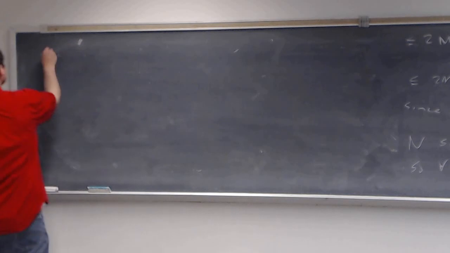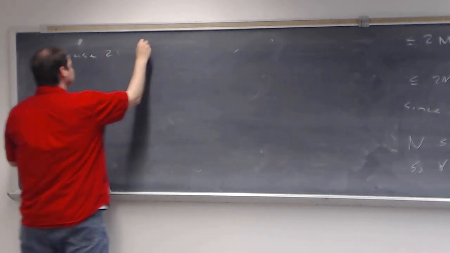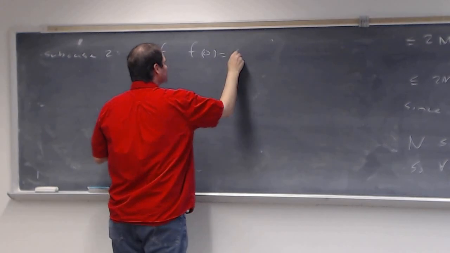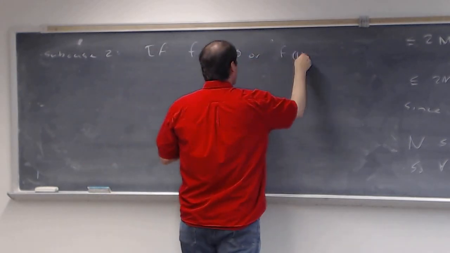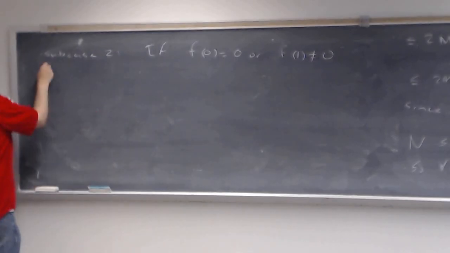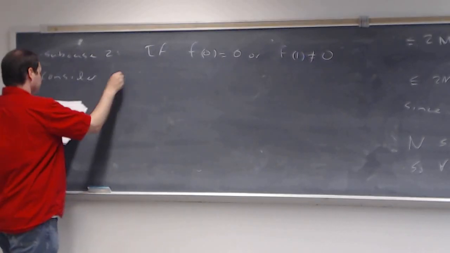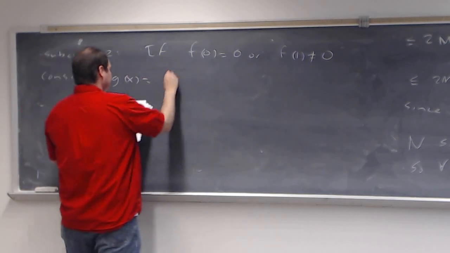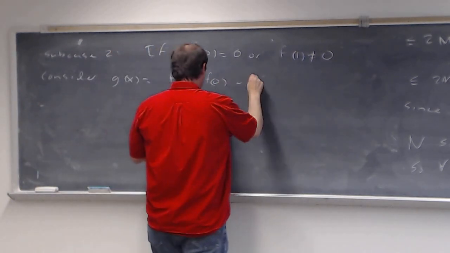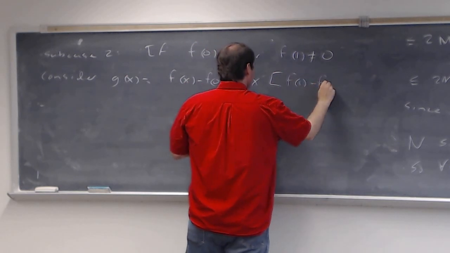So subcase 2 was if f of 0 does not equal 0 or f of 1 does not equal 0, then consider g of x equal to f of x minus f of 0 minus x times the quantity f of 1 minus f of 0.